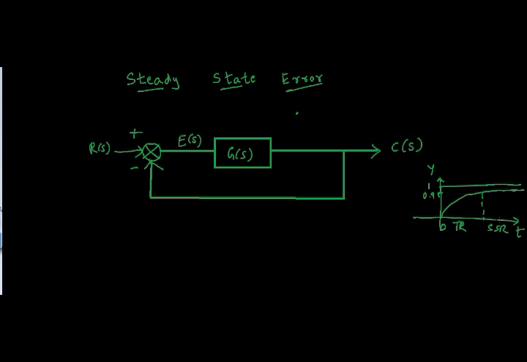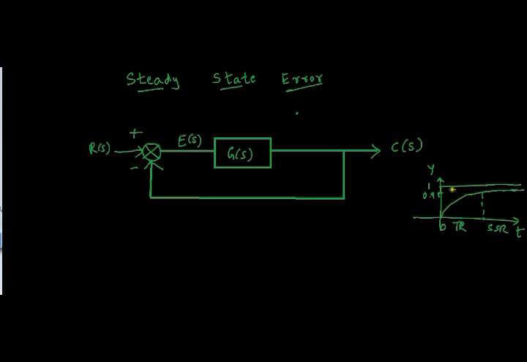In previous videos we emphasized the importance of transient response: how fast your system responds to the input and what goes on in the transient response. But the analysis of another type of response, in this case the steady state response, is also very important.